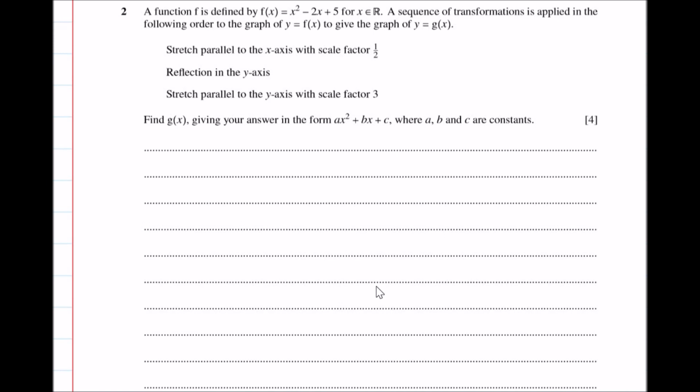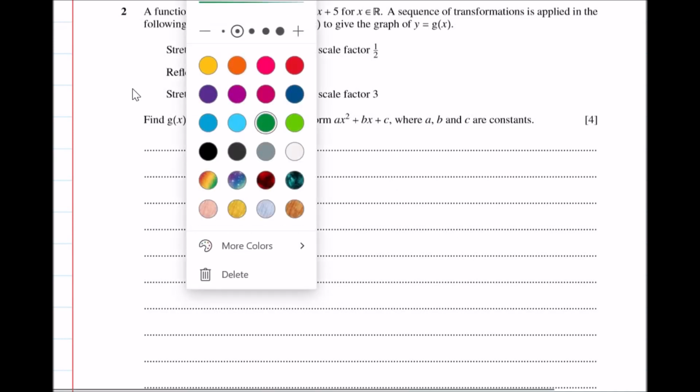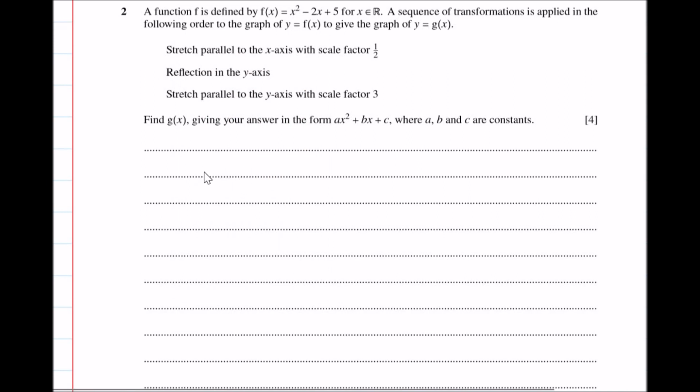So in that case, what will be the resultant function g(x)? That is what they are asking us to write. So let us do it stepwise. It's a very simple question. Let us write g(x). We are going to find g(x) equal to, first of all, f(x). So we have x first, right?